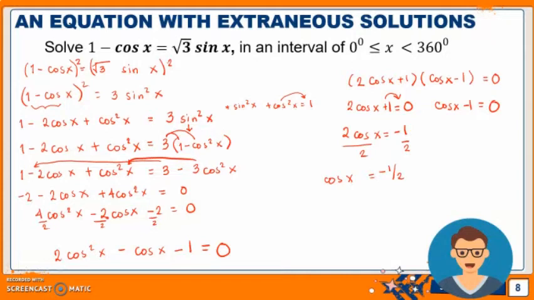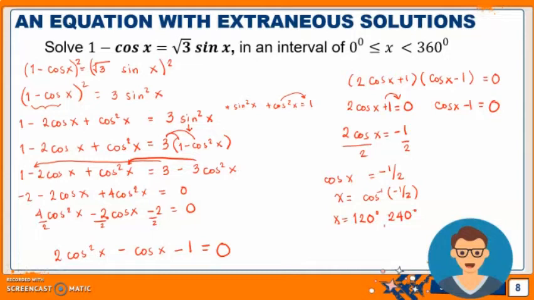And then to get each root, we use inverse cos. So x is equal to cosine inverse of negative 1/2. So that is x is equal to 120 degrees and 240 degrees.